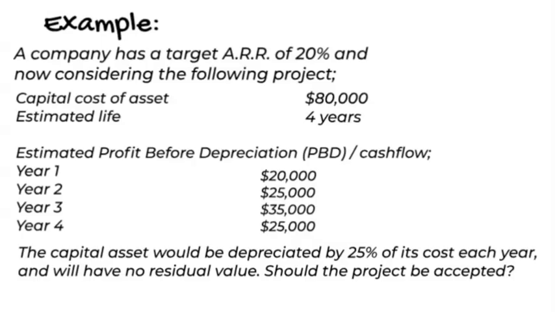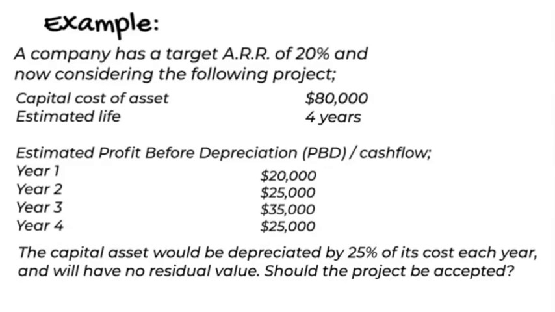For example, a company has a target ARR of 20% and is now considering the following project. The capital cost of the asset is $80,000. Estimated life is 4 years.